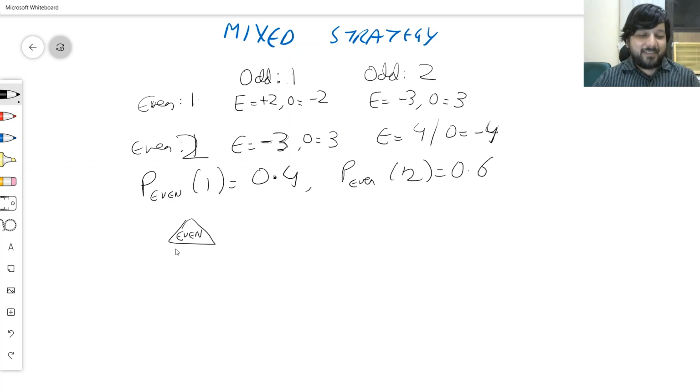It has the option of action 1 or action 2, and based on that odd plays, and it has the option of 1 or 2.